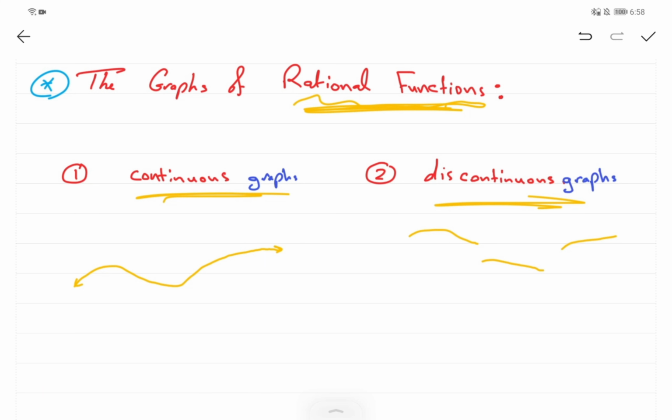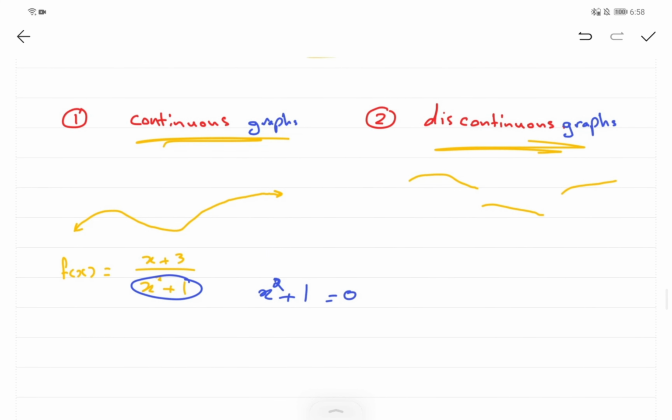Like for this example, f of x equals x plus 3 over x squared plus 1. Now dealing with the denominator, x squared plus 1 equals 0, to check when we have a problem here. Subtract 1 from both sides, so x squared is going to be -1.